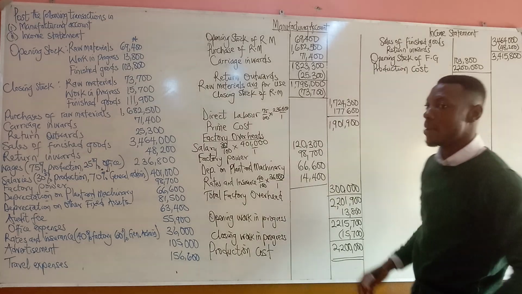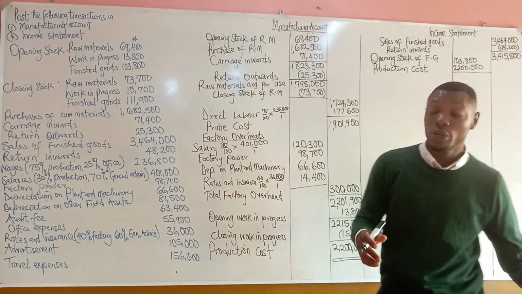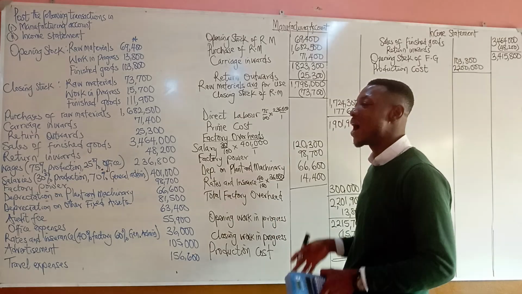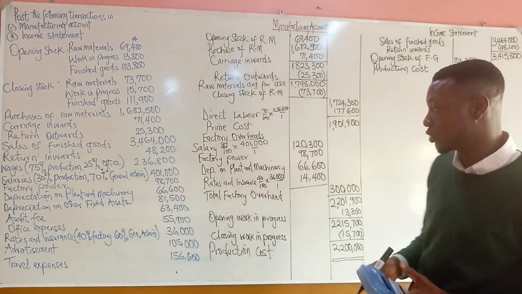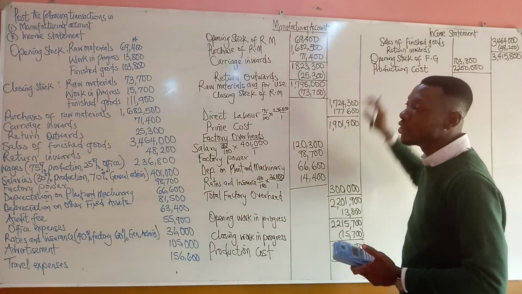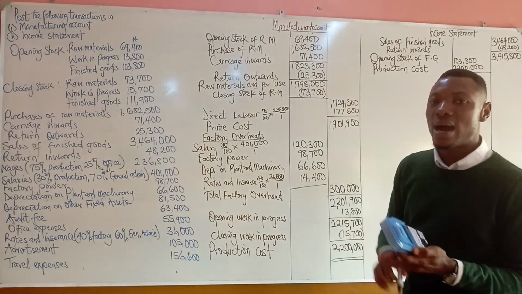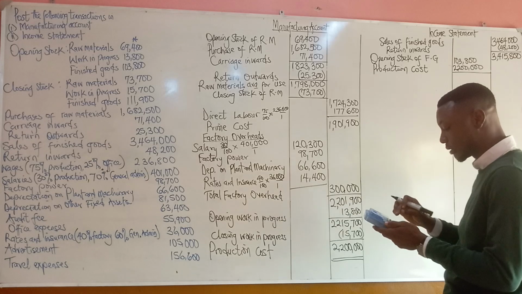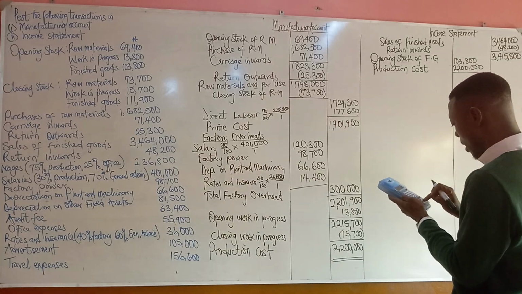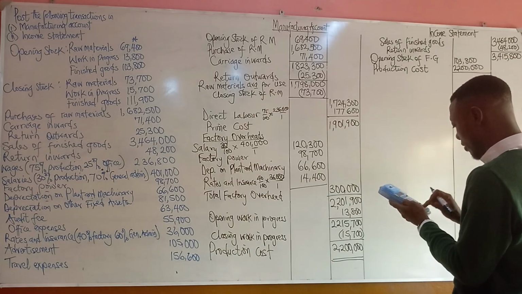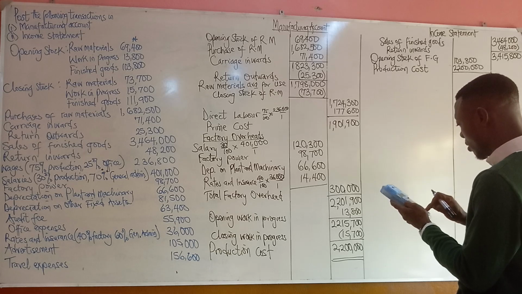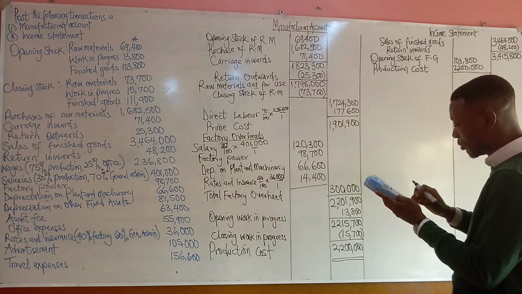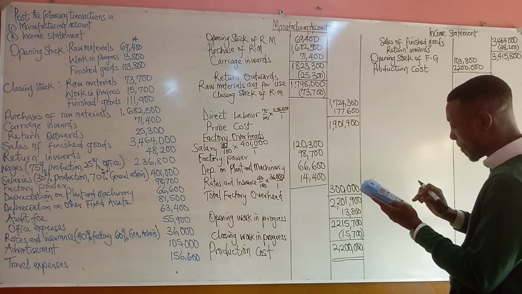Since there are no purchases of finished goods to add with what we produce from our factory, there will not be any form of return outwards or carriage inwards in the income statement. Now I have 103,800 plus 2,200,000.